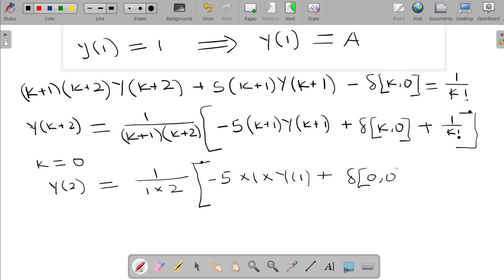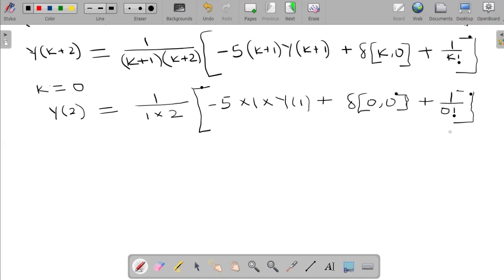The value of k is the same, equal to 0. So plus 1 over 0 factorial.